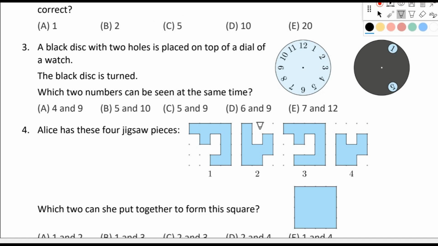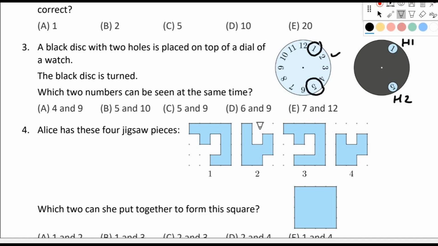If that black plate with the 2 holes is placed on this blue dial on which 1 to 12 are written, in a particular way, the holes are on 1 o'clock and 5 o'clock.